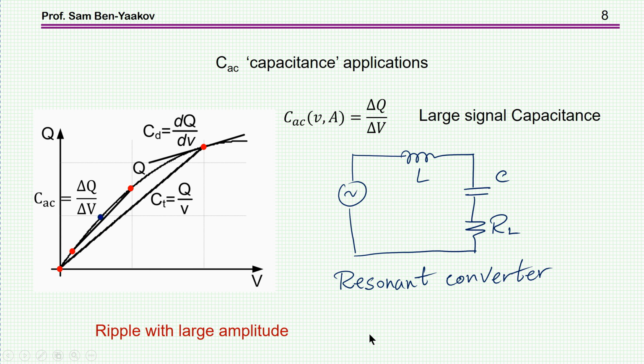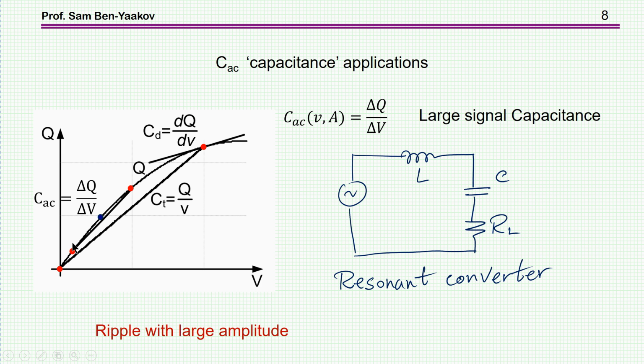Now, in the case of a large signal capacitance, which I have defined here, this will be relevant to, say, resonant converters, in which you have a large AC current passing through the resonant circuit, and on the capacitor it's going to be an AC signal, and the amplitude of these signals could be large, so small signal representation is not good enough.